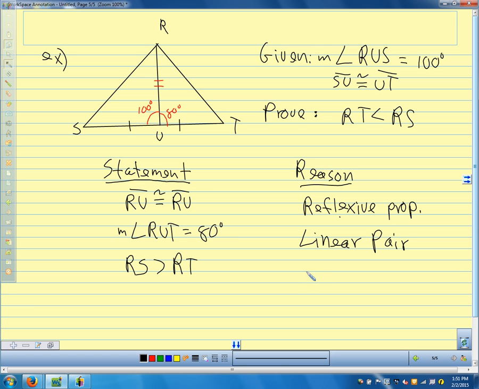Or we could just say because measure of angle RUT is less than the measure of angle RUS. Because that angle is smaller, that side has to be smaller. So some kind of explanation that says the angle is smaller, so the side has to be smaller. And that's all we need.